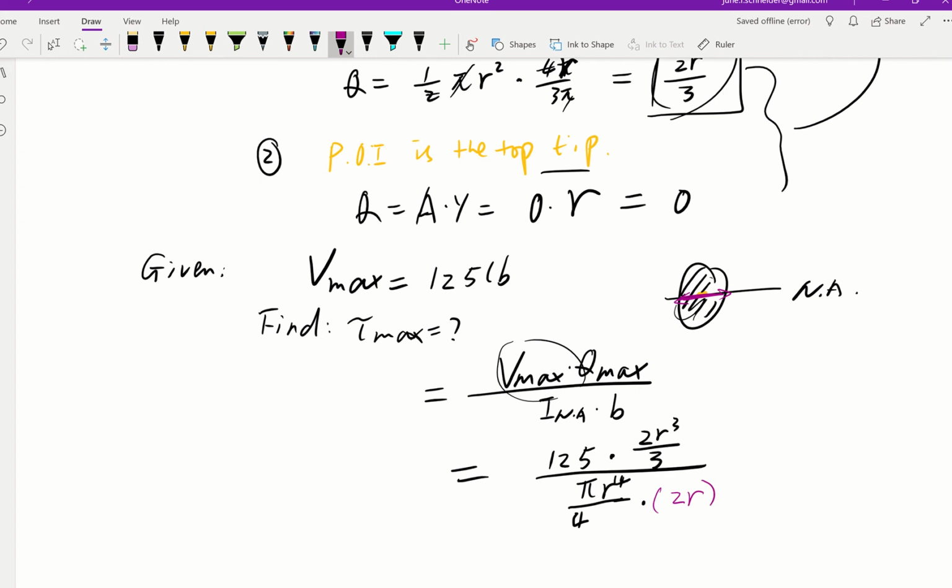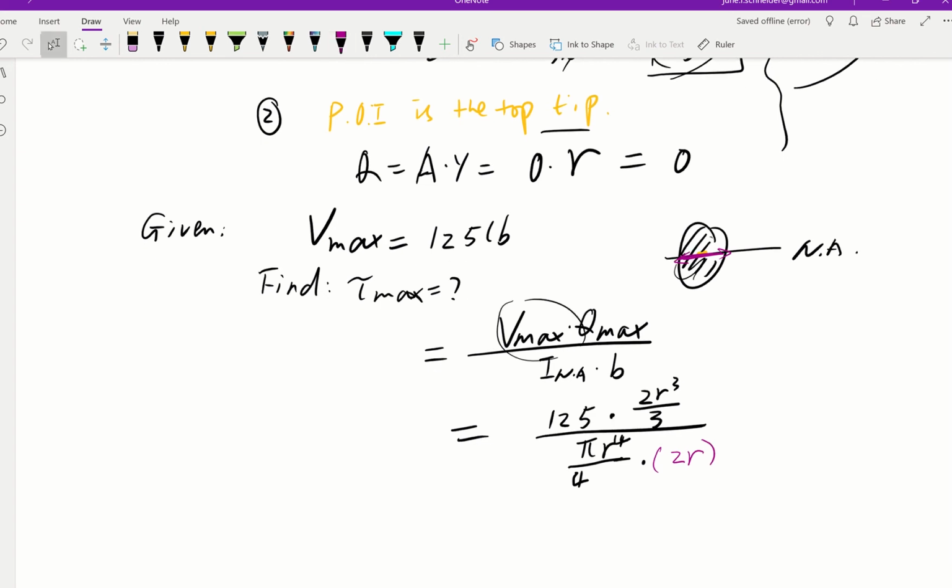So here you can go ahead and solve this problem. Imagine you are using Newtons for the shear. Let's look at the units. So Newtons for the shear. Q, the moment of area, is area times distance, so it's meters cubed. I, the moment of inertia, is meters to the 4th. And B is again a length unit, so that's meters. Eventually you will get Newtons per meter squared.